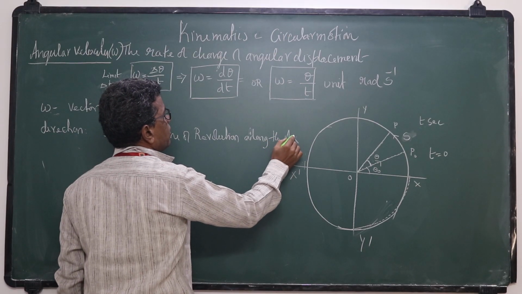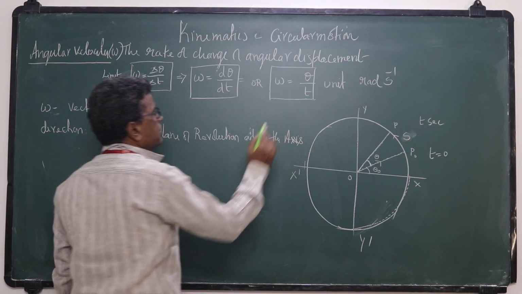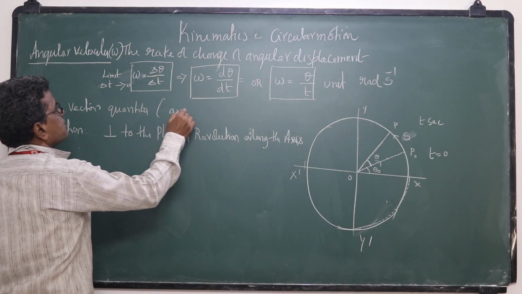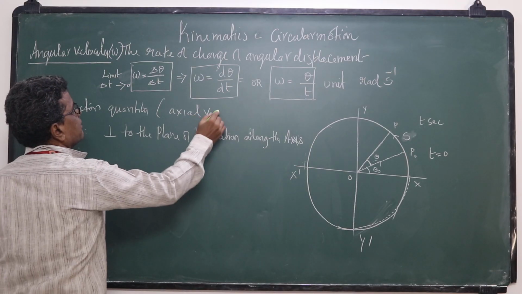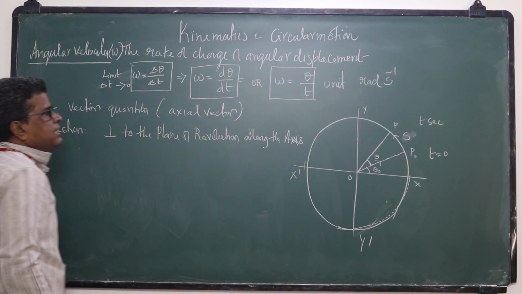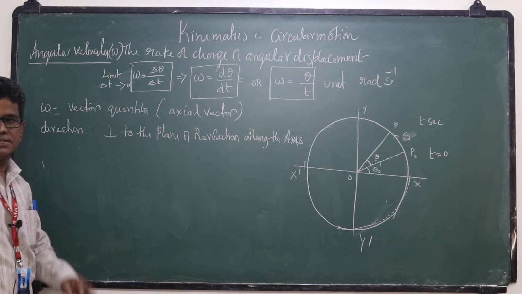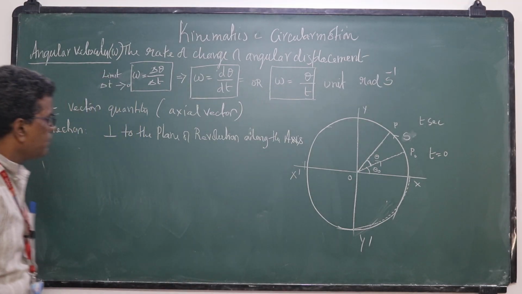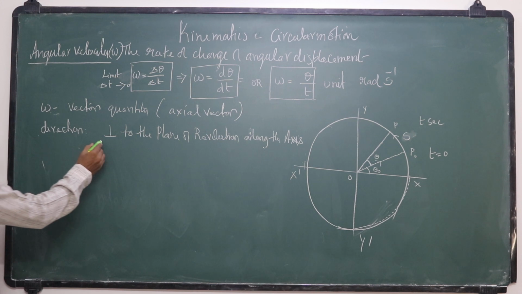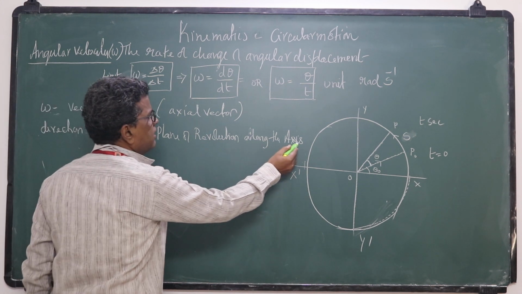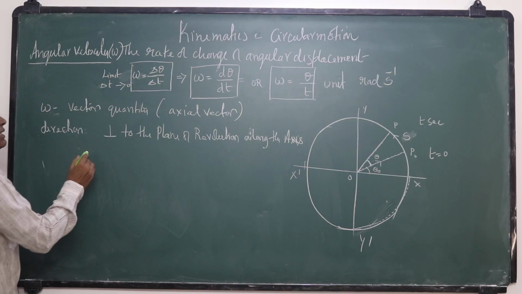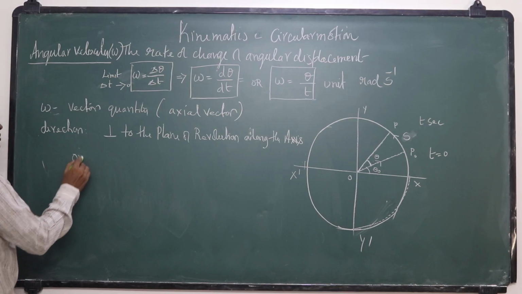Hence such vectors are also called axial vectors. Axial vector means its direction is along the axis of rotation.